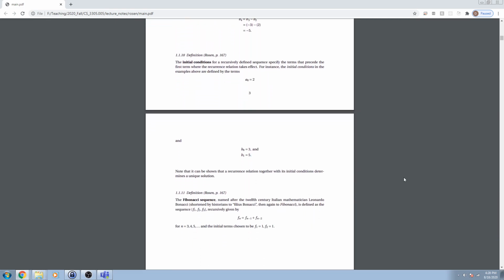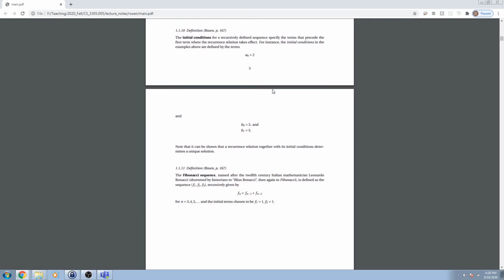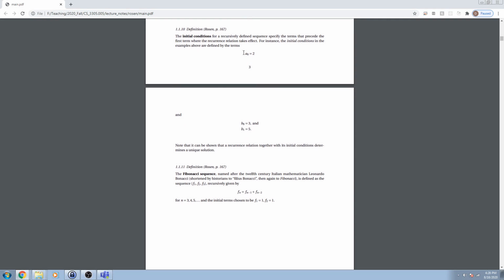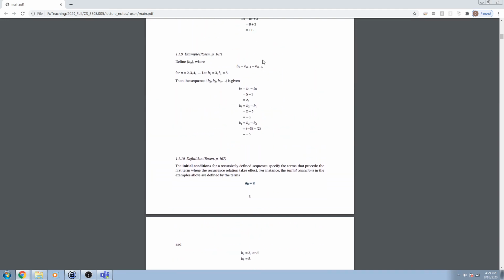Okay, and so the initial conditions, which I showed you before, are just the values that are given to you, and you will typically need as many initial conditions as you reach back in your recurrence relation. So in this case, we reach back two terms, but the number of initial conditions isn't limited to the number of terms that are included within the arithmetic.